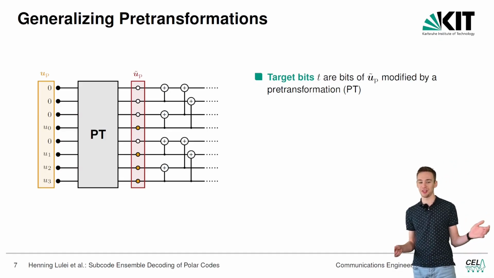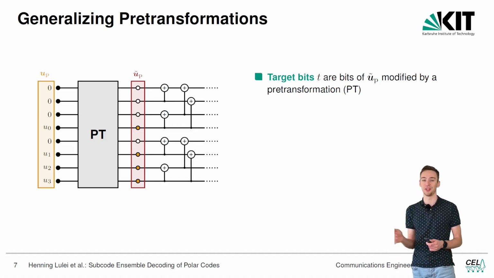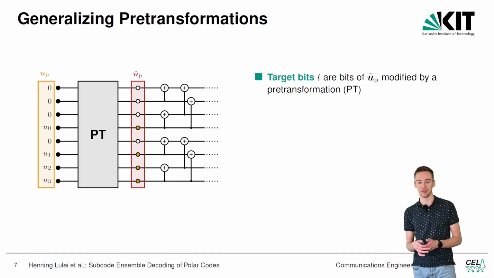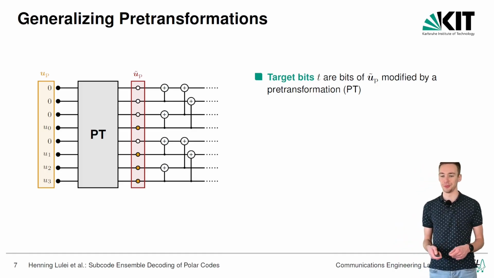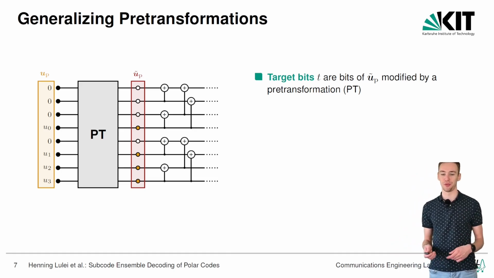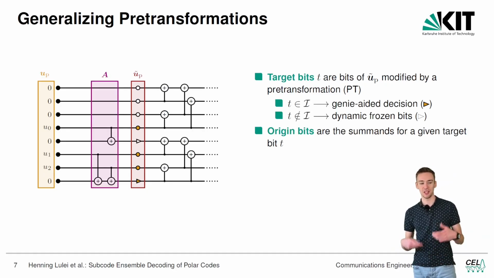This padded data word is then fed into a pre-transformation, which for now is just a black box, but we will look into that in a second. And out of that black box comes our pre-transformed padded data word, which is UP tilde. Some bits of that pre-transformed padded data word might be modified through the pre-transformation, and these bits are called target bits.